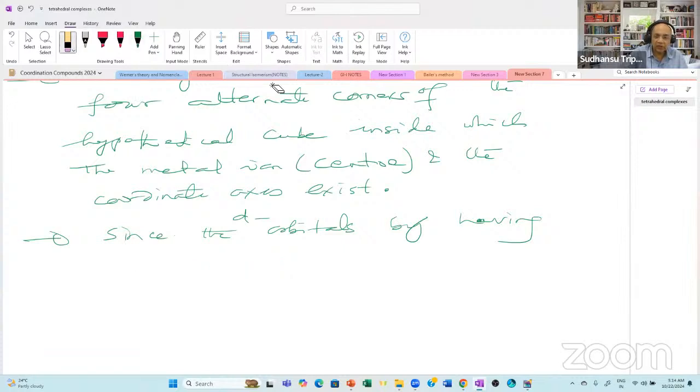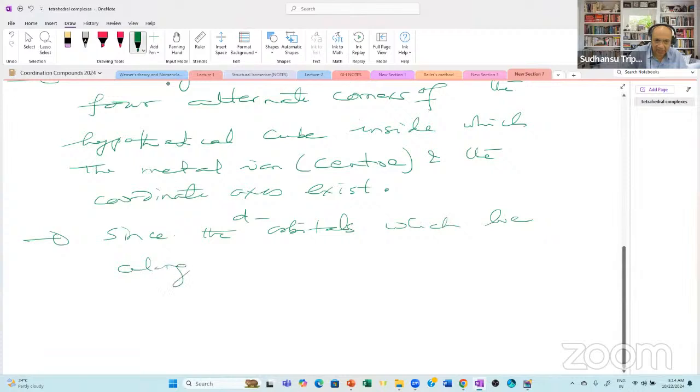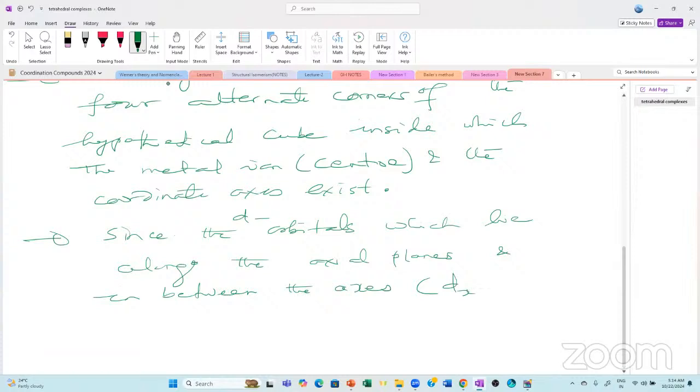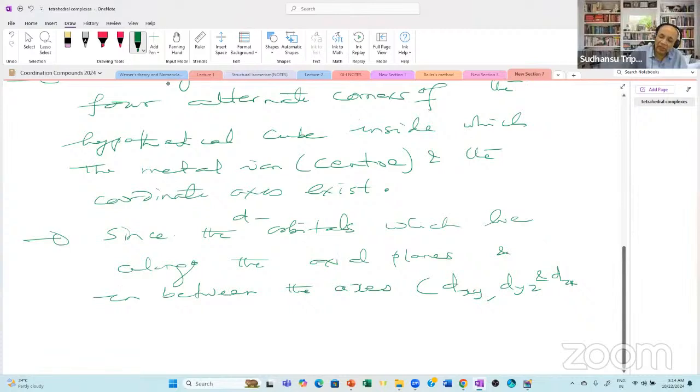The orbitals which lie along the axial planes and in between the axis. Which ones lie in between the axis, not along the axis? dxy, dyz, dzx. Yes. That was called T2g set. Here it will be called T2 set.